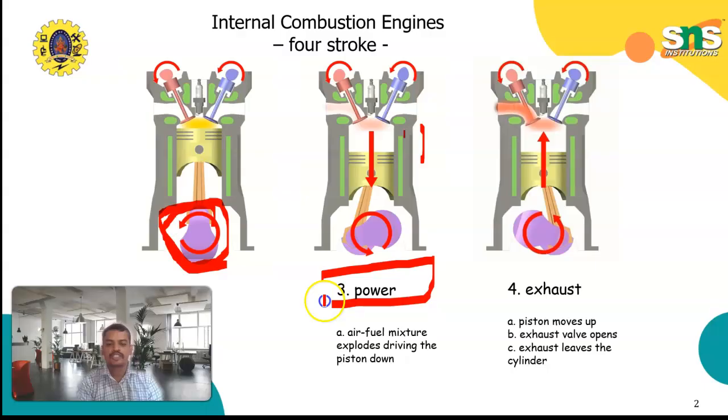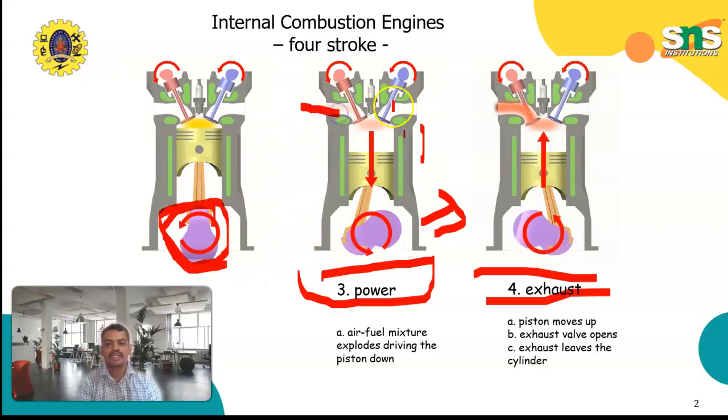After completing the power stroke, it will start the next stroke, that means the exhaust stroke. In the power stroke, the inlet valve and outlet valve are both in closed condition. In the exhaust stroke, the outlet valve is open.